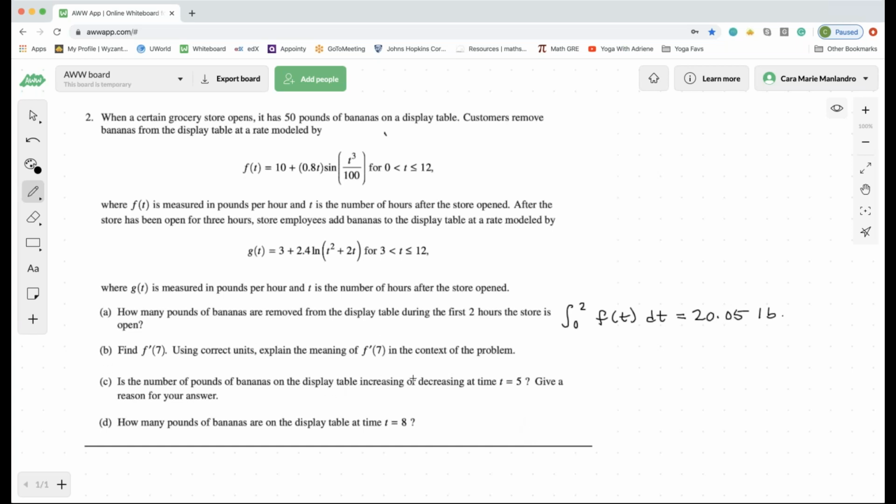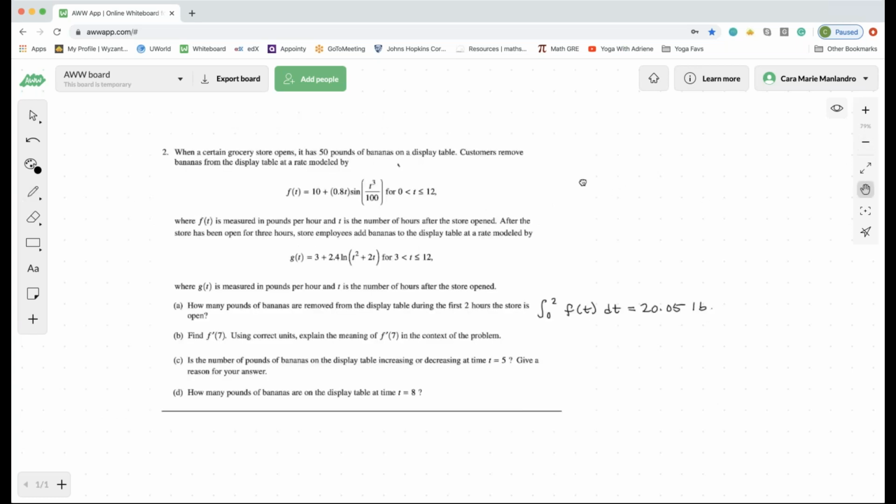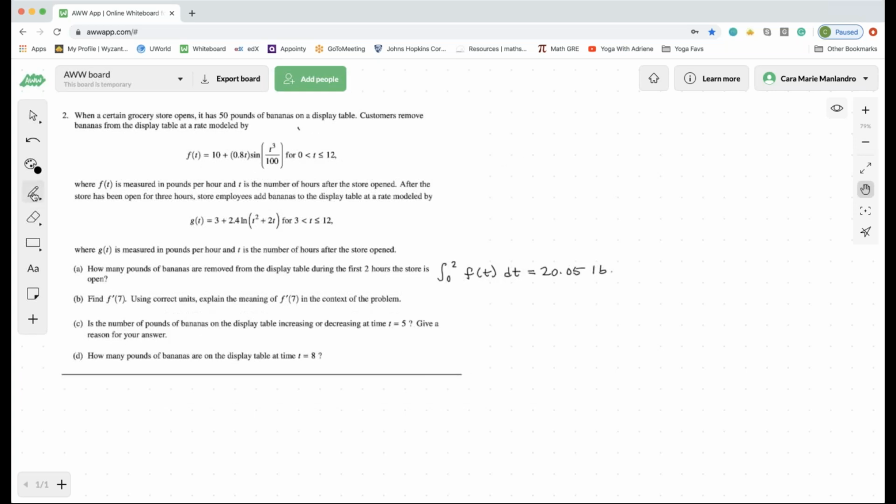All right, and then we want to find f prime of 7. So now that's more interesting. I'm going to minimize this a little bit so that I have a little room to work. Let's go ahead and take the derivative of this thing.